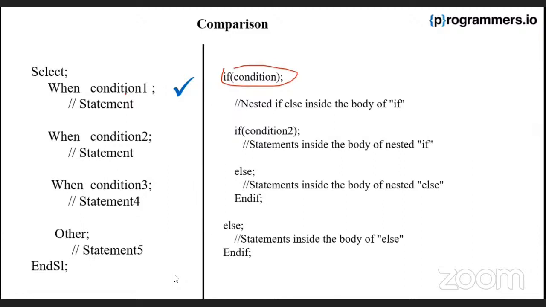So at a time only one condition will be true, same as an if statement. And if condition 2 is true, then statement 2 is executed and none of the others. And so on. And for the last statement, if the three conditions are not satisfied, then statement 5 will be executed by default.